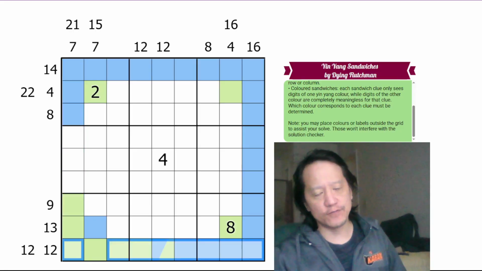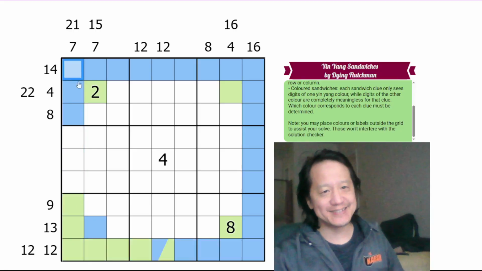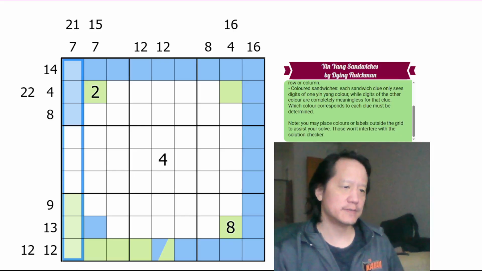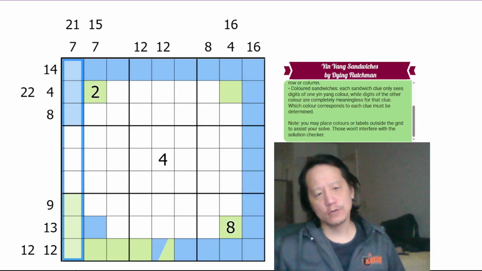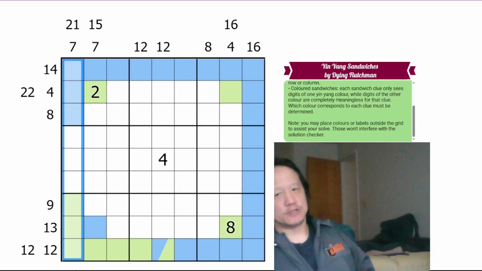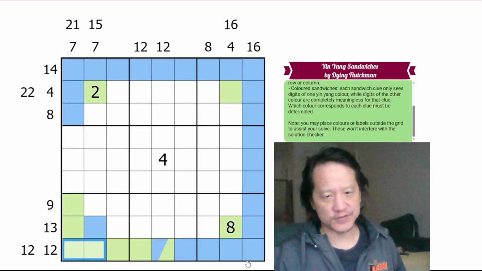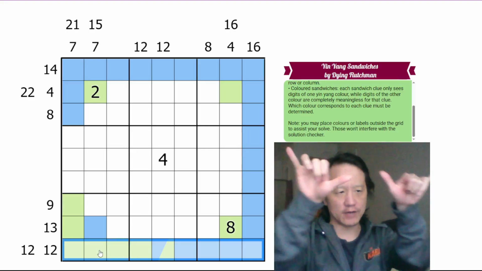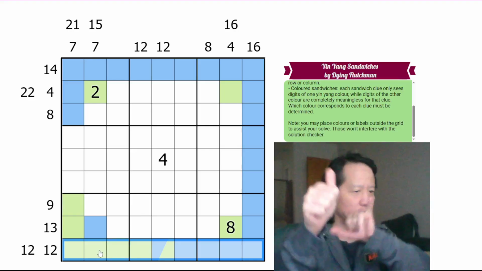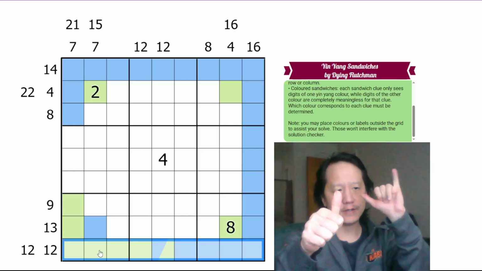We have 24 here. This is 28. That's interesting. 24 is fine because we can have on the outsides 1, 9, and 3, 8, or 1, 9.